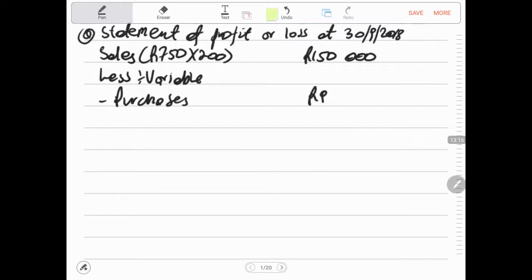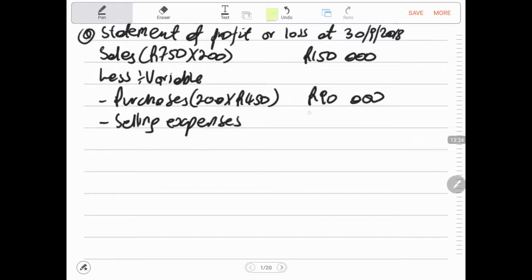They amount to 90,000 rands, which was 200 multiplied by 450. We have shown those calculations. Then after, we need to deduct the selling cost or the selling expenses, and we have calculated that our selling expenses come up to an amount of 10,000 rands.